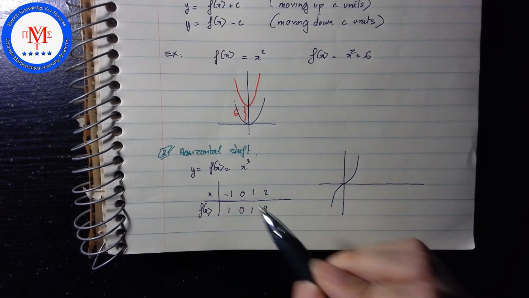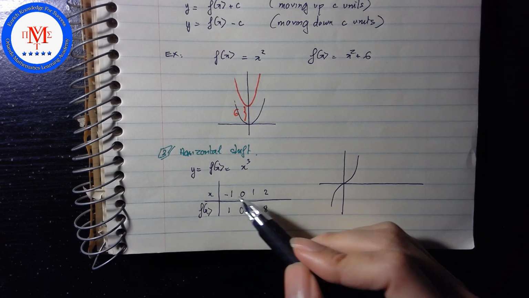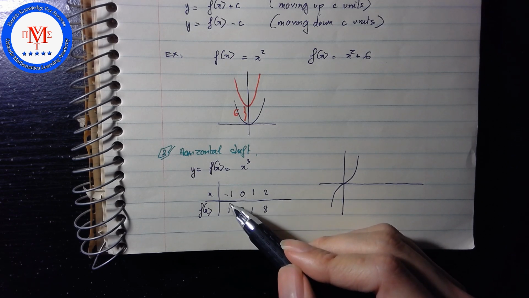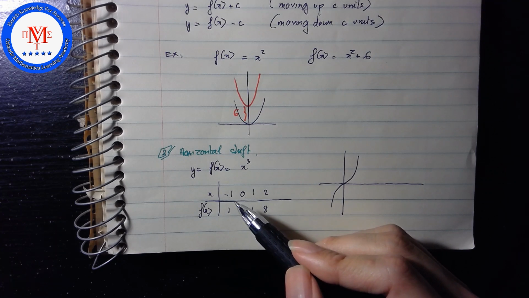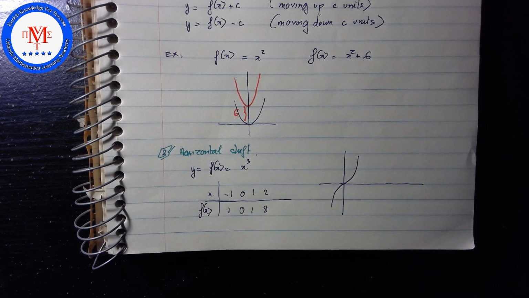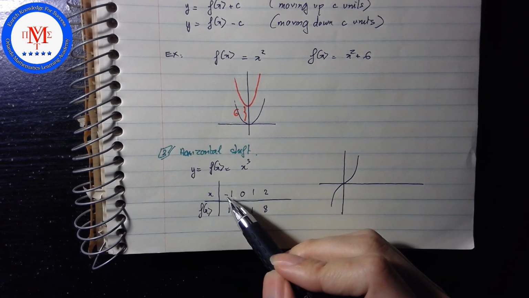So for example, I want to move to the right 2 units. I subtract the x component by 2.